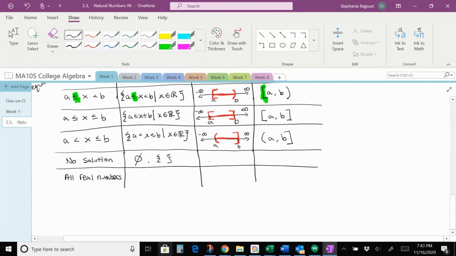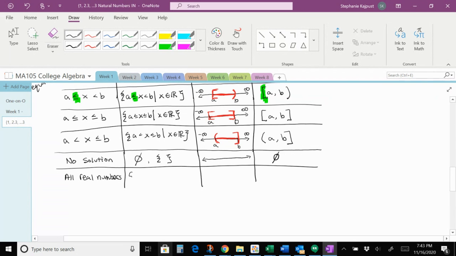And if you're asked to graph this, it's literally a blank graph. I've seen this come up in ALEKS where it's no solution, and you just leave the graph blank because there's no solution. And we don't really have an interval notation, so usually we'll just use the empty set symbol rather than set builder notation with the curly braces.